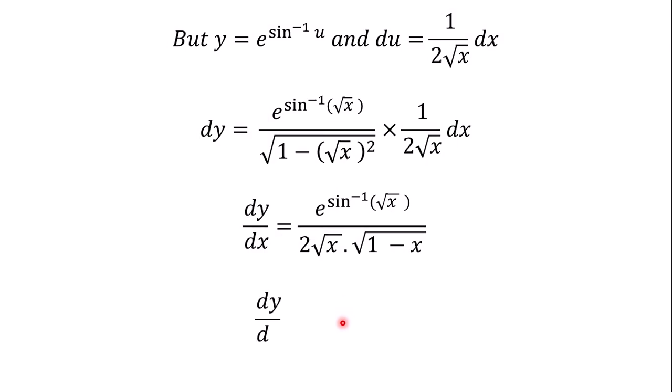So dy over dx is equal to e raised to the power sine inverse of square root of x divided by square root of x minus x squared. Okay, here we are going to rationalize.